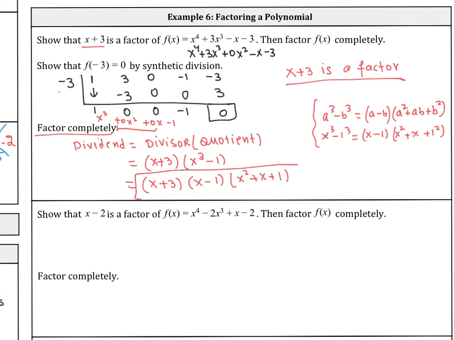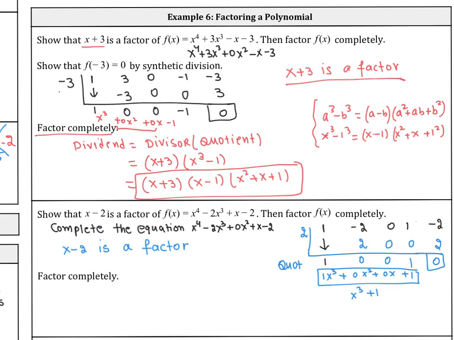So these are the complete factors of the polynomial x to the 4 plus 3x cubed minus x minus 3. Now we are going to show if x minus 2 is a factor of the polynomial x to the 4 minus 2x cubed plus x minus 2, and then factor this function completely.